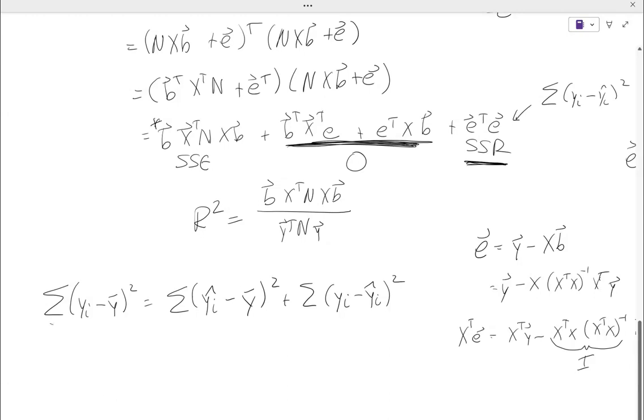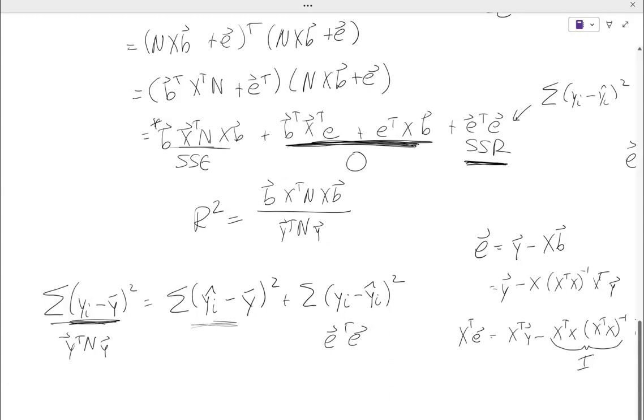We recognized this as your Y transpose N Y. We talked about that last time. This is your E transpose E part, right? We didn't talk about why this middle piece, which has a lot of stuff in it, is this piece here. Okay, so let's talk about why this part really is this same exact sum.